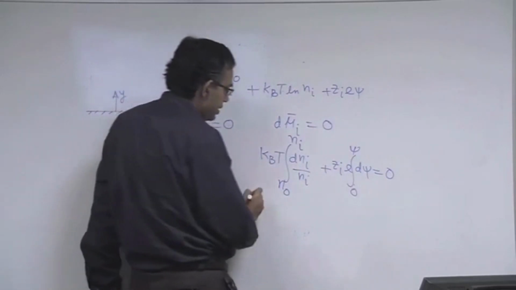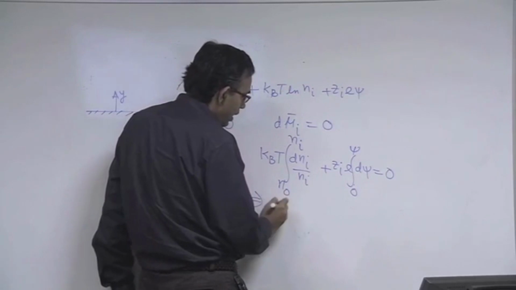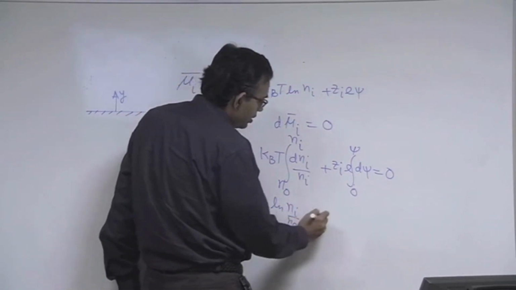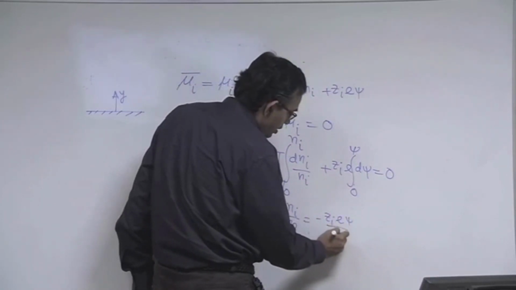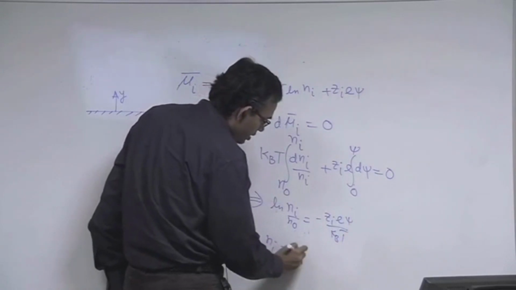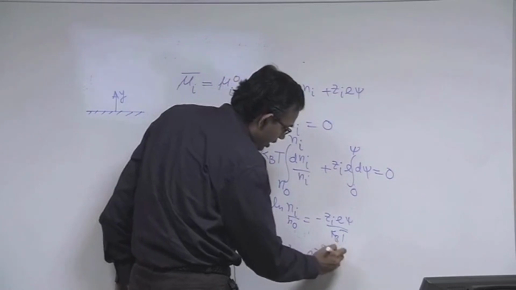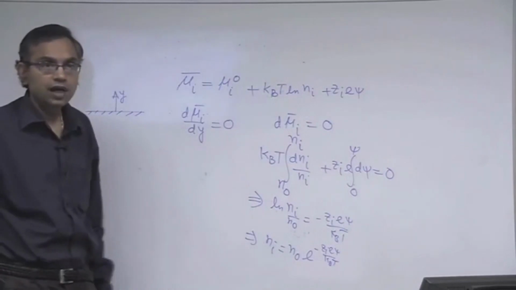So that means ln Ni by N0 is equal to minus Zi E psi by kBT. So this means Ni is equal to N0 into e to the power minus Zi E psi by kBT.